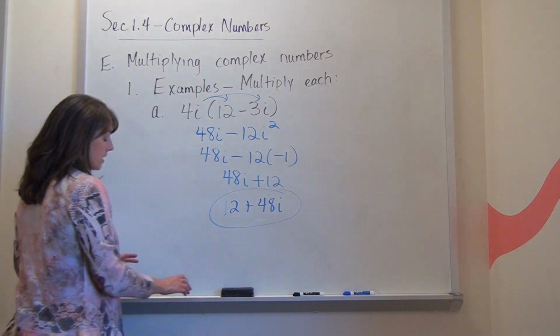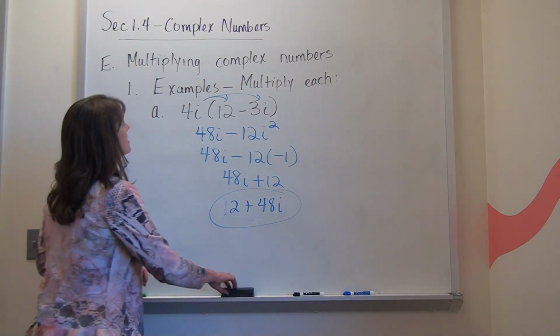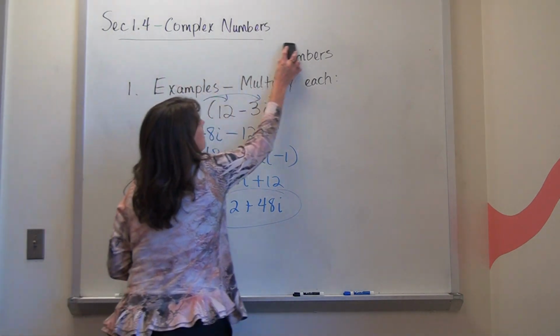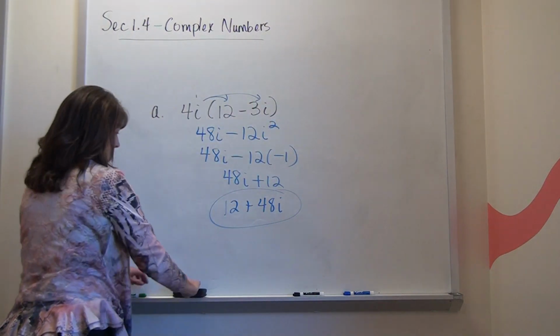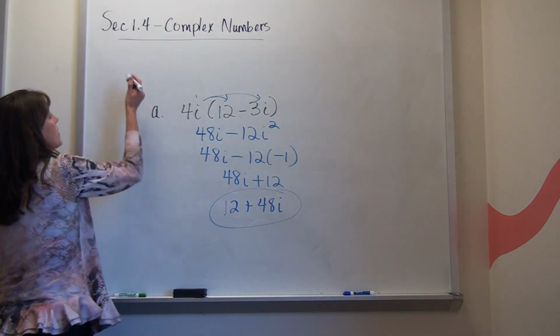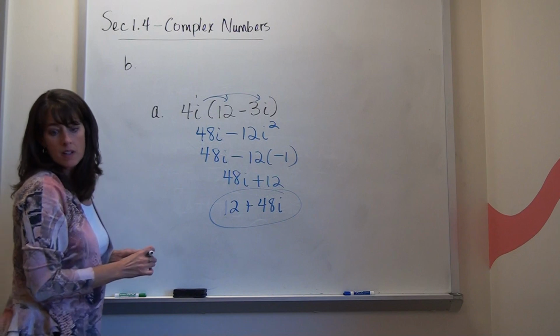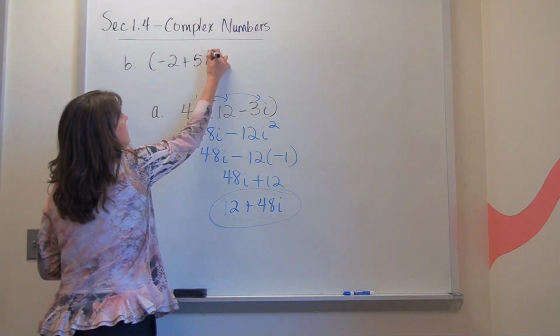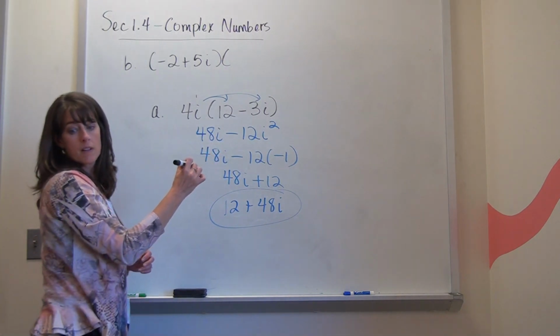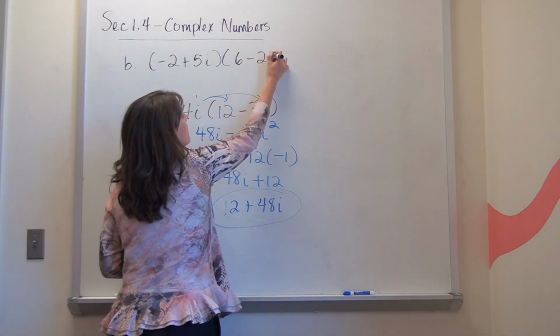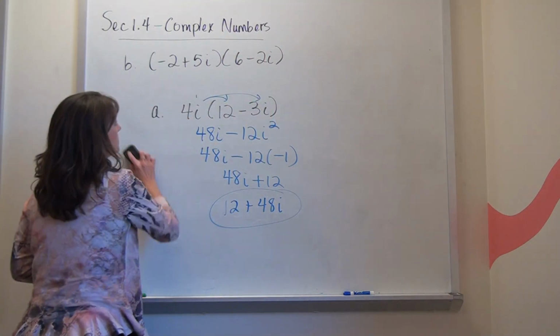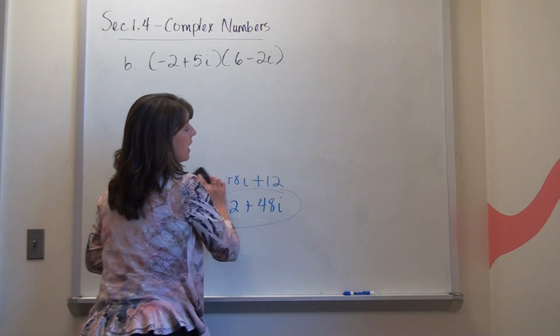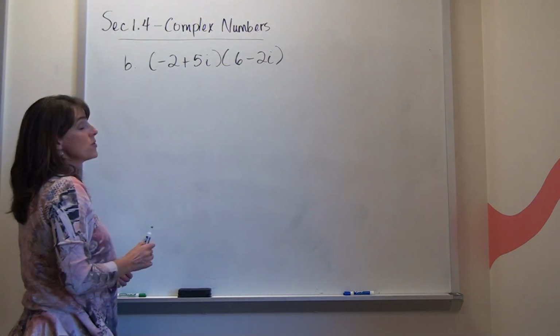Now, the multiplication can get a little bit more complex. Let's say, for instance, let's say we've got this. Now, again, i acts like a variable until you see i squared.